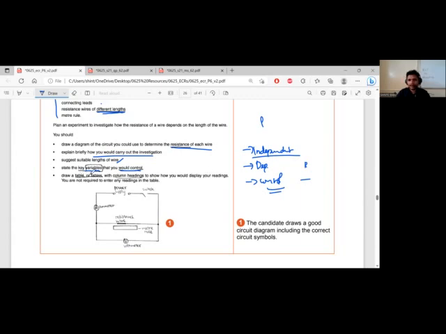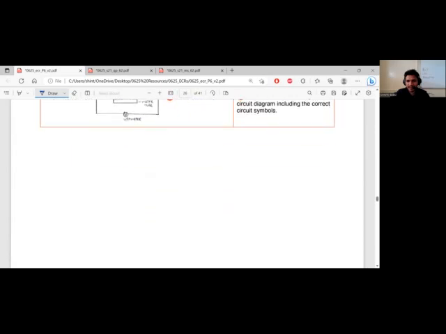Now, after suggesting it, you have to draw a table, and in the table you should give suitable column headings. Again, in the column heading, you should mention the quantity along with its unit. If you are changing 4 to 5 lengths, in the question they asked you to suggest some lengths, so you can name it like 20 centimeter, 30 centimeter, like that, and the corresponding value of resistance.